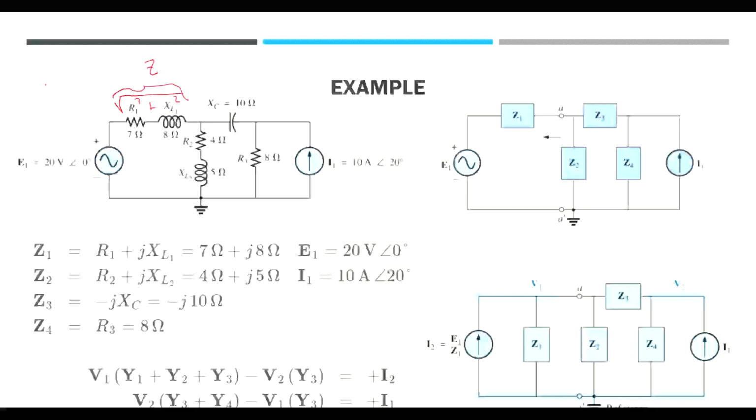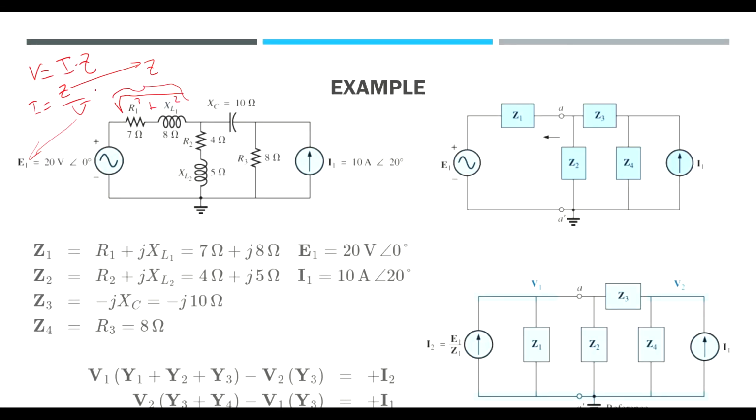Therefore, we can compute the current by Ohm's law, where I equals V over Z. V is the initial voltage, Z is the impedance. Once we have I, we can get that into this network, where we have the current and then we place the load up here.